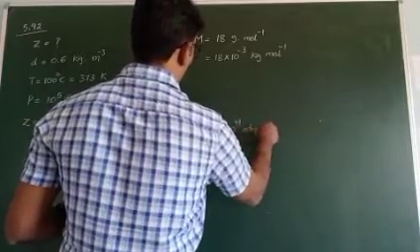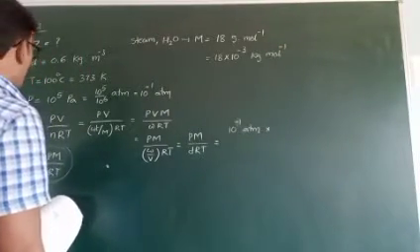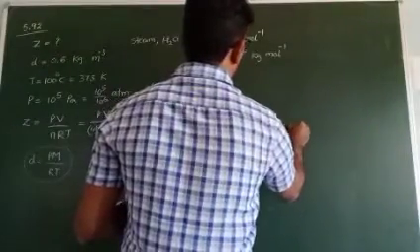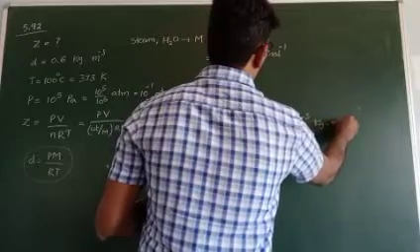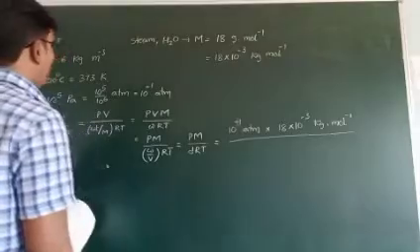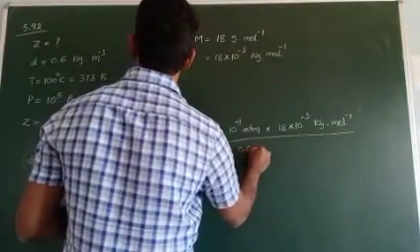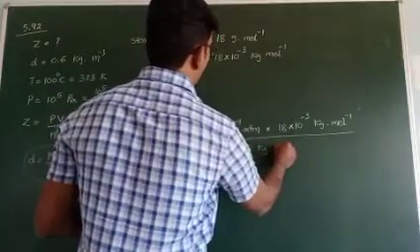Atmosphere into the M value, that is molecular weight value, 18 into 10 to the power of -3 kg per mole, by density D, 0.6 kg meter power -1.